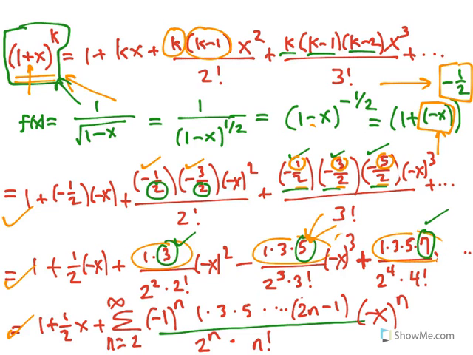And here I will have x to the 4th replaced with negative x to the 4th. So you can see that nothing really changed, except I replaced every single x with negative x.